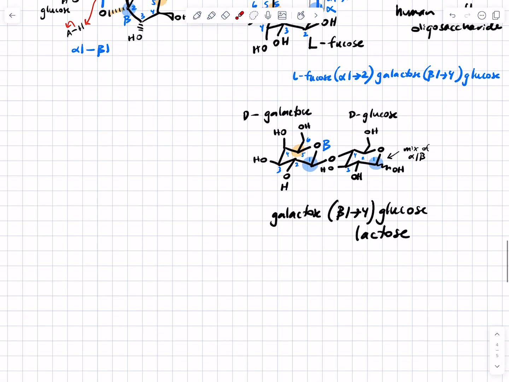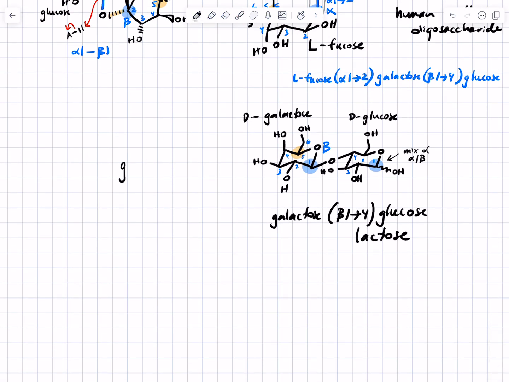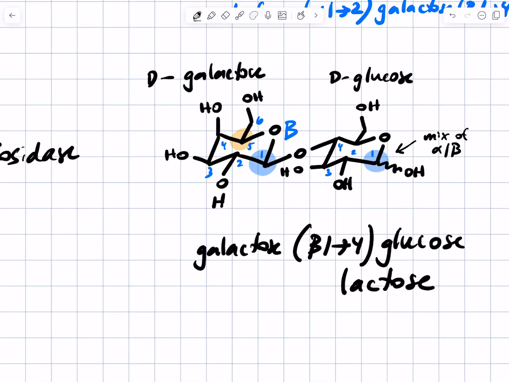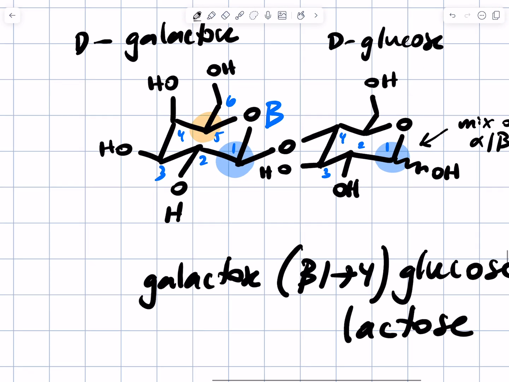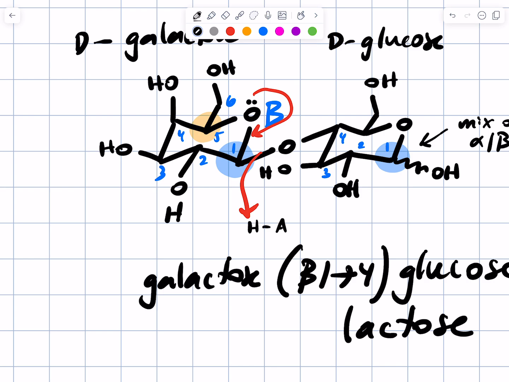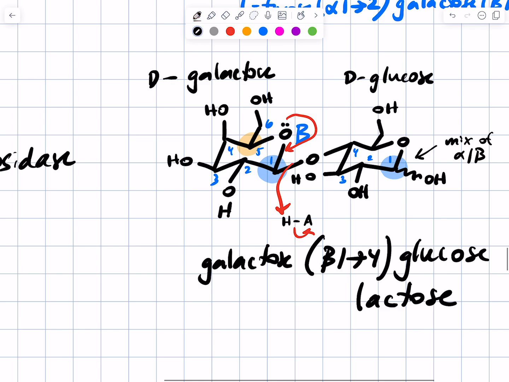And there is an enzyme that's called galactosidase. It's actually called beta-galactosidase, or perhaps lactase. Its job is to promote this reaction where electrons kick down, the leaving group leaves, and picks up a proton as it's leaving. That will liberate glucose.